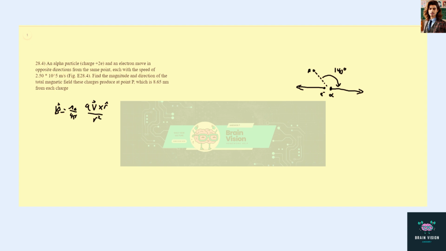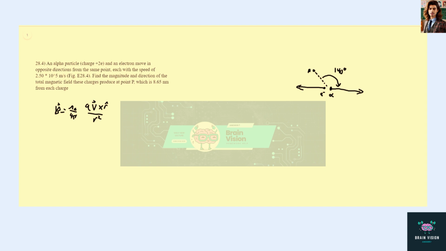Q is just the charge of each of them, v is the velocity vector for each of them in different directions, and r is just this distance given. R hat is the vector extending from their origin point out to the point P.